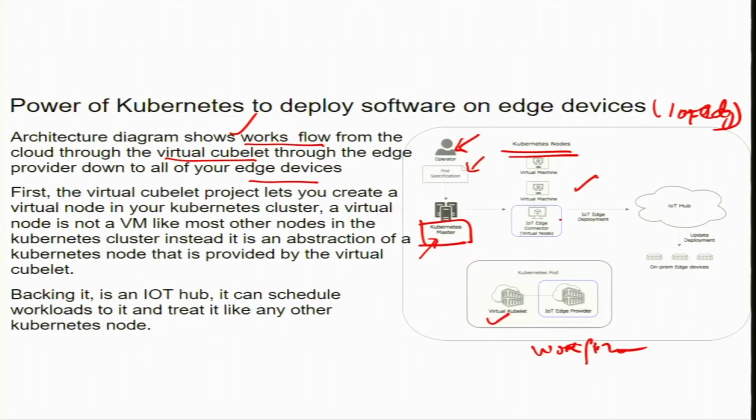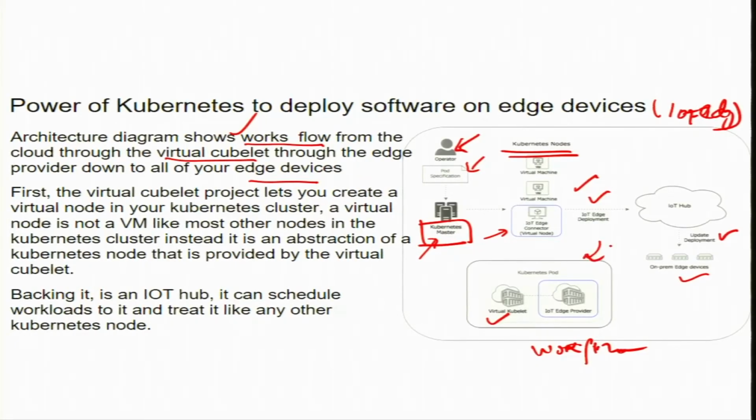If you want to install the Azure IoT Edge services, it requires that device to be first virtualized and run a virtual machine on top of it. That node becomes the virtual node where this IoT Edge connector will run, and then the IoT Edge deployment will happen with the help of IoT Hub. This deployment on on-premise edge devices will be running IoT Edge, and this Kubernetes master will manage it.